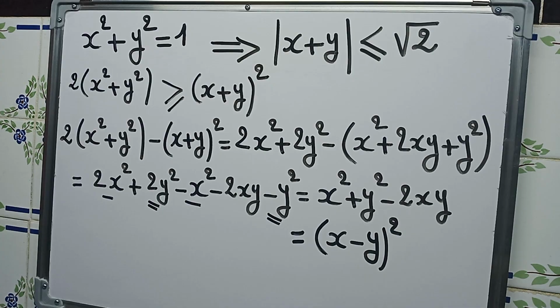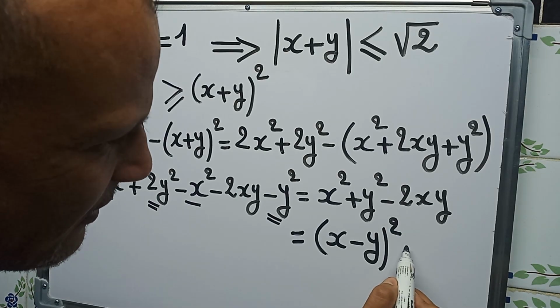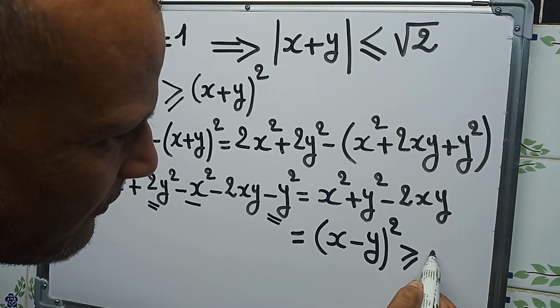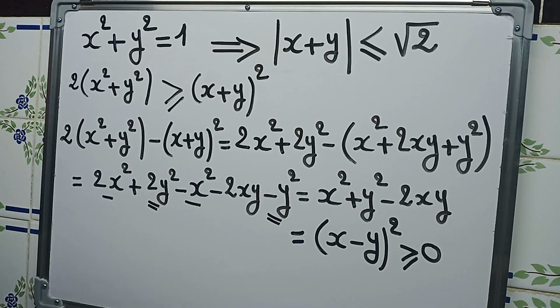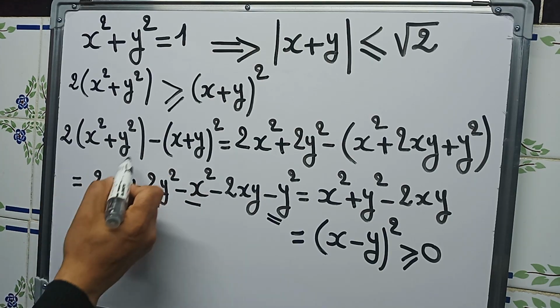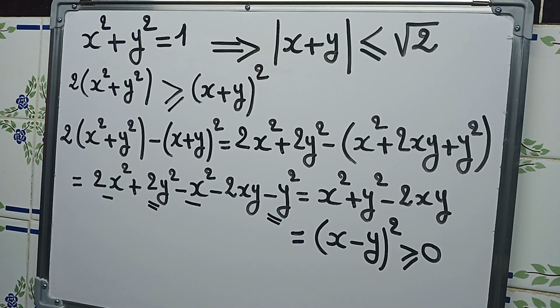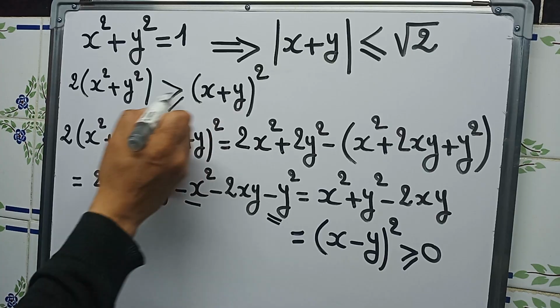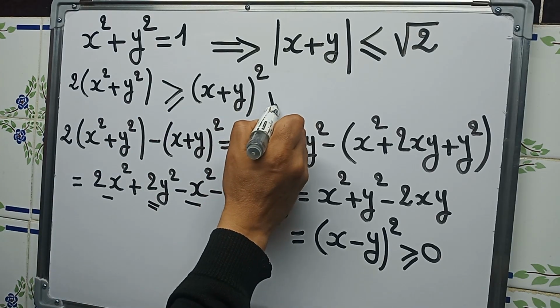And since it's a square, that means that it's a non-negative number. So this difference is a non-negative number, meaning that our inequality holds.